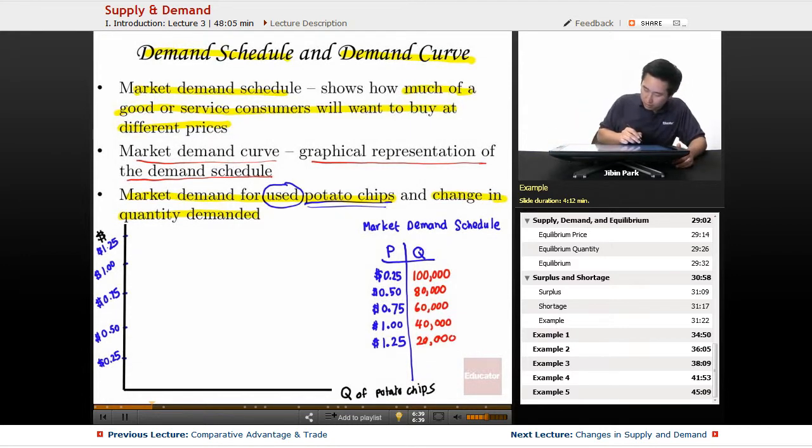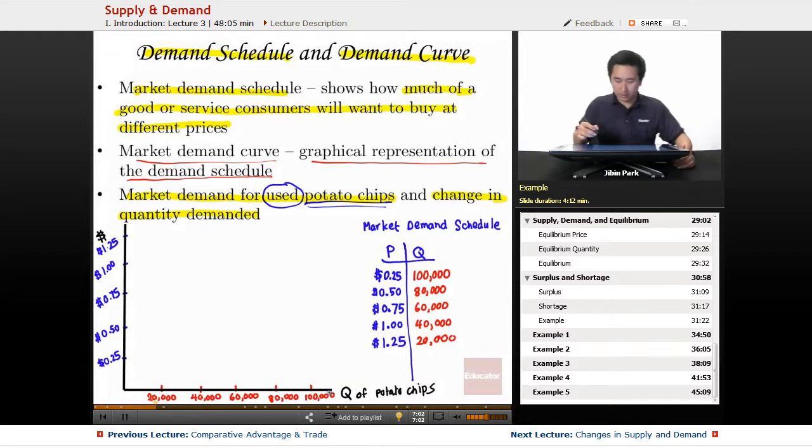And then on the labeling on the bottom, we'll go in increments of 20,000. So let's go with 20,000 here, 40,000, 60,000, 80,000, and then 100,000 here.